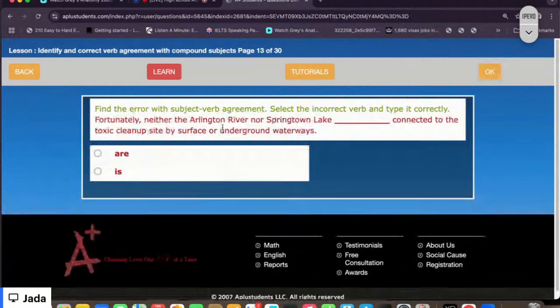Fortunately, neither the Arlington River nor Springtown Lake dash connected to the toxic cleanup site by surface or underground waterways. So, what do you think is this?